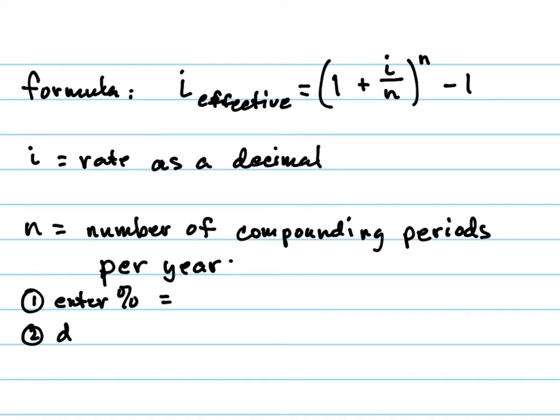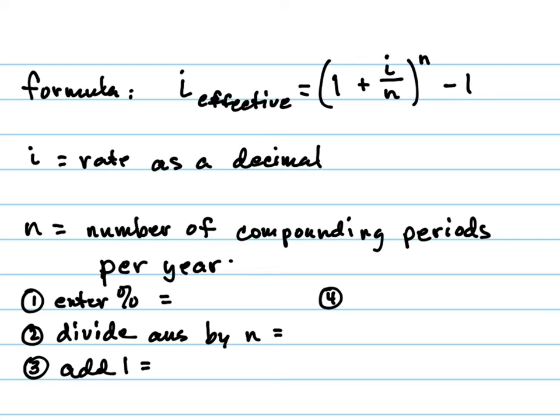Second, divide the answer by your N. Third, add 1. Now, each time you do this, make sure you're hitting that equals afterwards, because otherwise you're going to be getting the wrong pieces, and you want to make sure that you're getting the right answer. And that's probably the reason why if you're trying this and you're not getting the right answer.